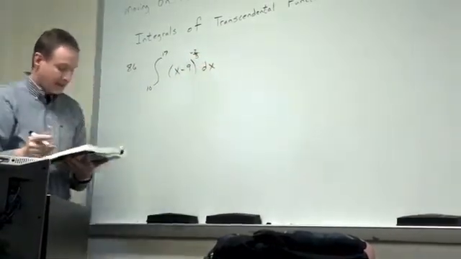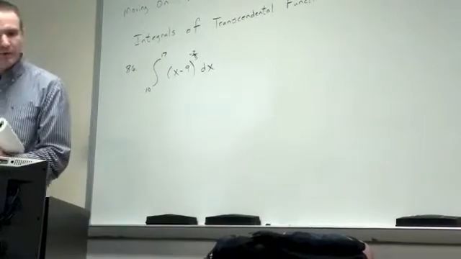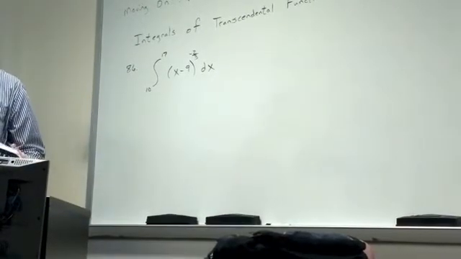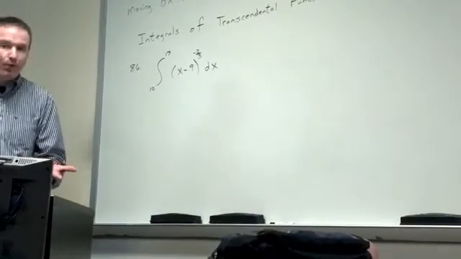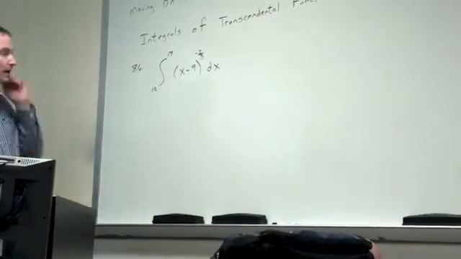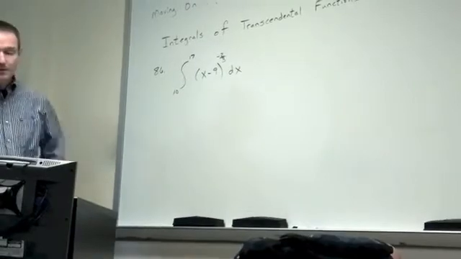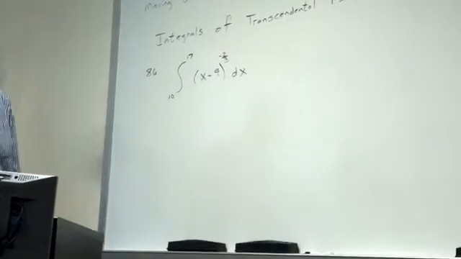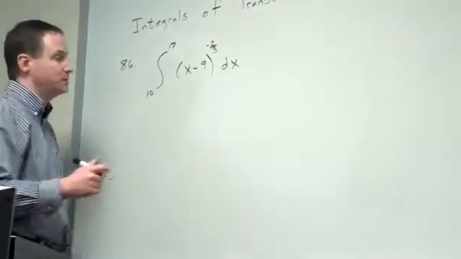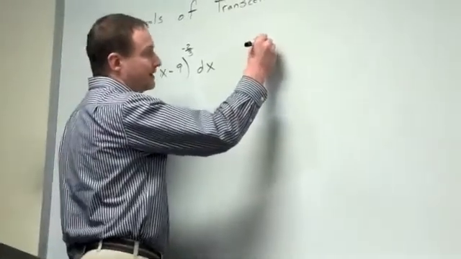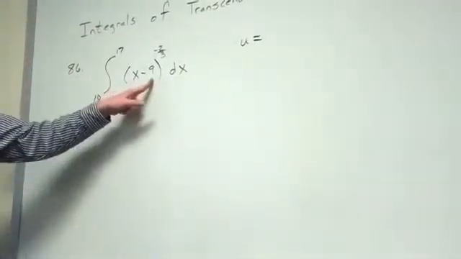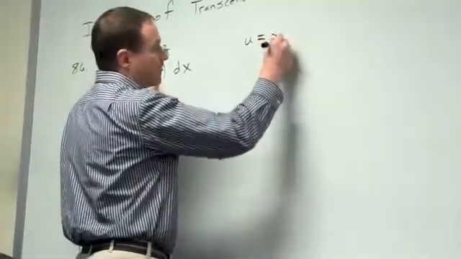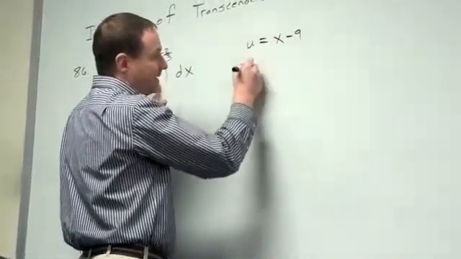dx. This is not a problem in which we would actually be required to use substitution. The reason I'm going to is that's the point of this section. So I'll say, well, okay, I'm going to use substitution and the change of variables formula like they suggest. So I'll say, okay, let u equal what's inside the function. So u is equal to x minus 9.